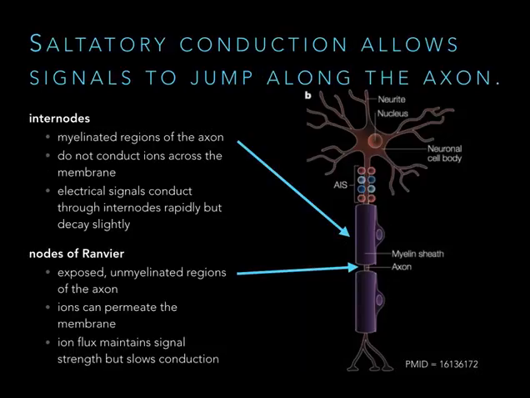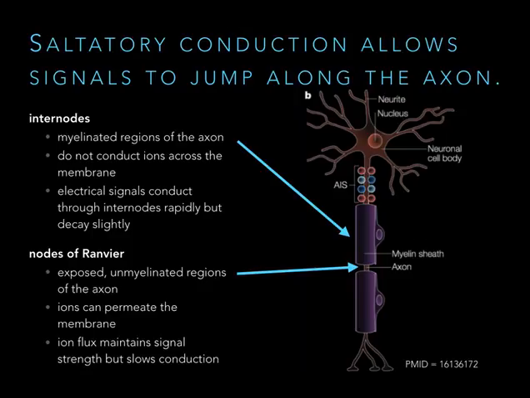What myelination does is cause the action potential to kind of jump along the axon in what we call saltatory conduction. So there are two different regions now if we have myelination. It's not just a naked axon. There are exposed regions of the axon that we call nodes of Ranvier, but then there are the myelinated regions. Those would be the internodes because they are between the nodes of Ranvier.